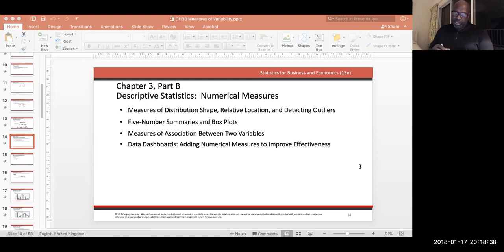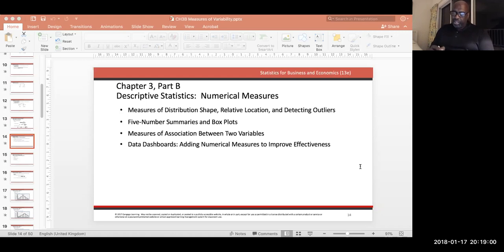So let's say this is our x bar, and we have x1, x2, x3, x4. These are values in our distribution.